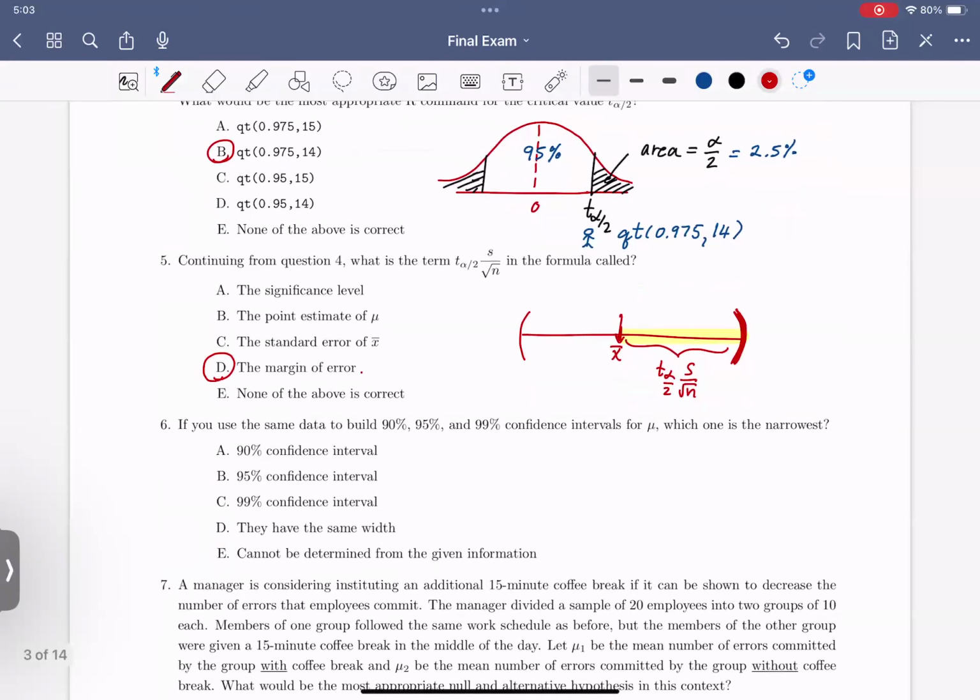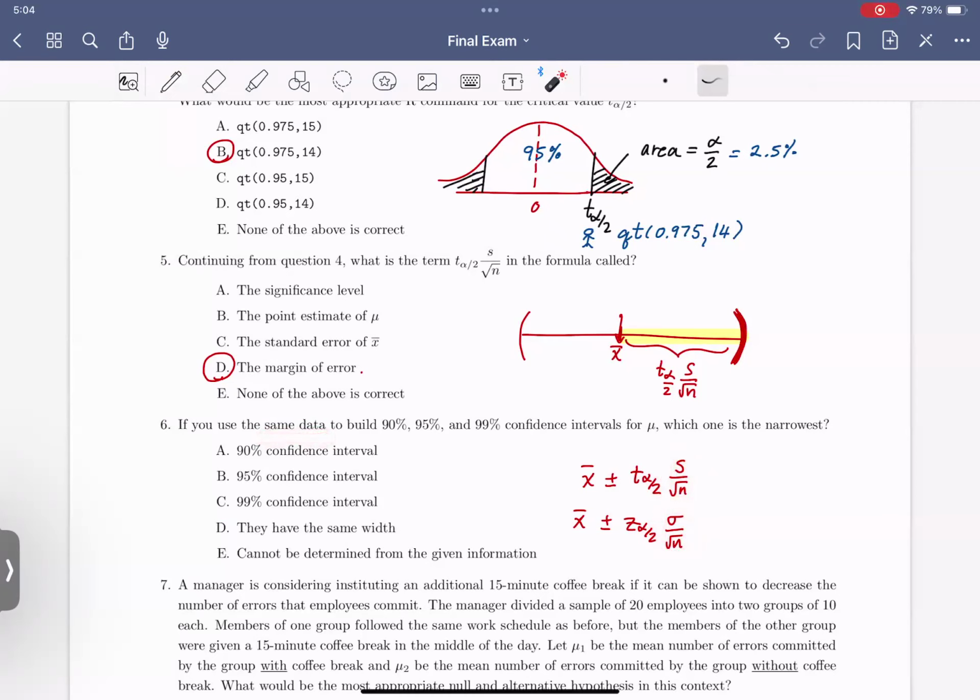All right, next one. If you use the same data to build 90, 95, and 99% confidence intervals for mu, which one is the narrowest? You know the formula is x bar plus minus t alpha over 2 s over square root n, and even if you use x bar plus minus z alpha over 2 sigma over square root n, the pattern is going to be the same because the center is x bar, and the value of s over square root n, or sigma over square root n, is the same because you use the same data set.